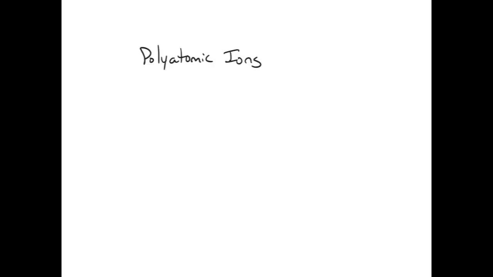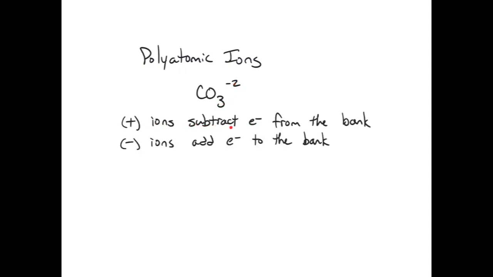So the last thing I want to talk about in this video lesson is how to handle polyatomic ions. Remember, polyatomic ions are those things that are covalently bonded together but carry a charge. Now, how does that charge affect our picture? Well, I'm about to show you. Positive ions subtract electrons from the bank, and negative ions add electrons to the bank. So if you're drawing this Lewis dot structure for CO3 2-, you start out in the first step by adding up all the valence electrons.